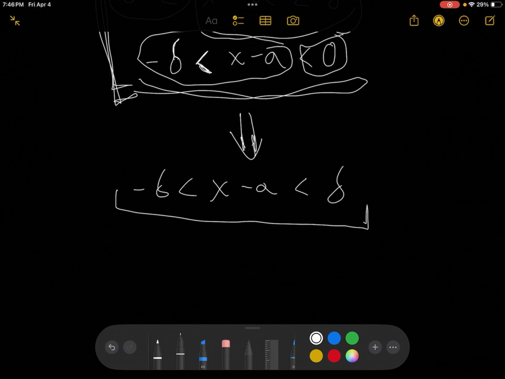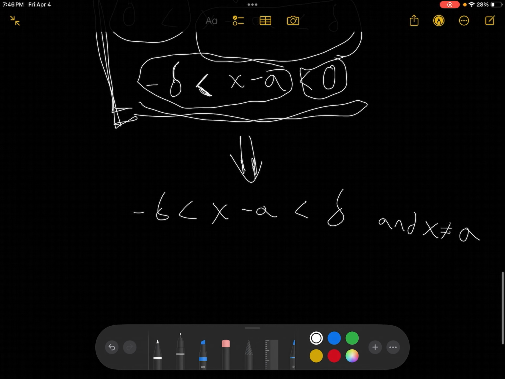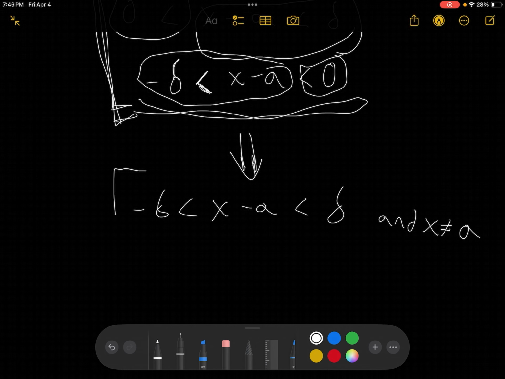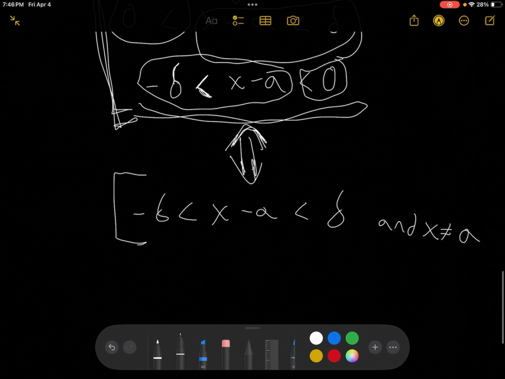So we have to include a separate case for x being equal to a, to make sure to keep 0 out of this interval. So this inequality right here is equivalent to this inequality down here.